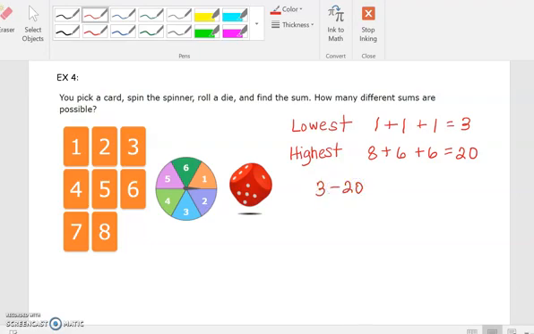So I want to find out how many sums that is. So I'm going to subtract 20 minus 3. That gives me 17. But I want to make sure that I include that first sum. So I'm going to add back a 1 to make sure I'm including that first one. So I have 18 possible sums in this situation.